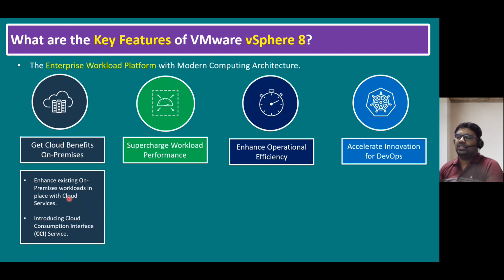Those cloud services include core services, shared services, add-on services, and also some developer services. Okay, and introducing the Cloud Consumption Interface, in short CCI service. This CCI service will help us integrate with vRealize Suite, which is vRealize Automation, and also hybrid cloud environments.